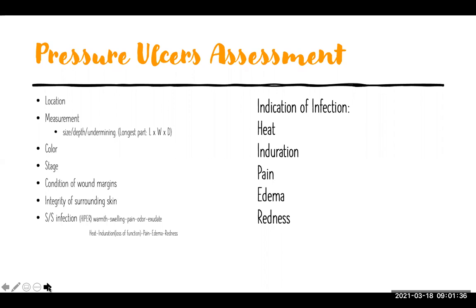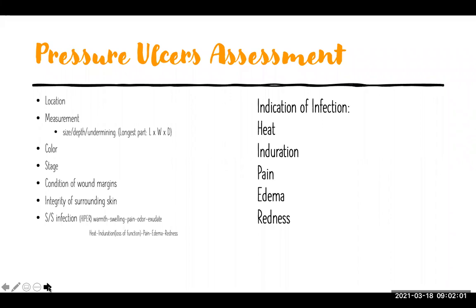Another term that didn't come up in the lecture yet is called induration, and that's something you will look at with skin also. An area of induration is where there's swelling. There may be redness, but there's swelling, and the skin will feel firm. It'll feel a little hard in that area.